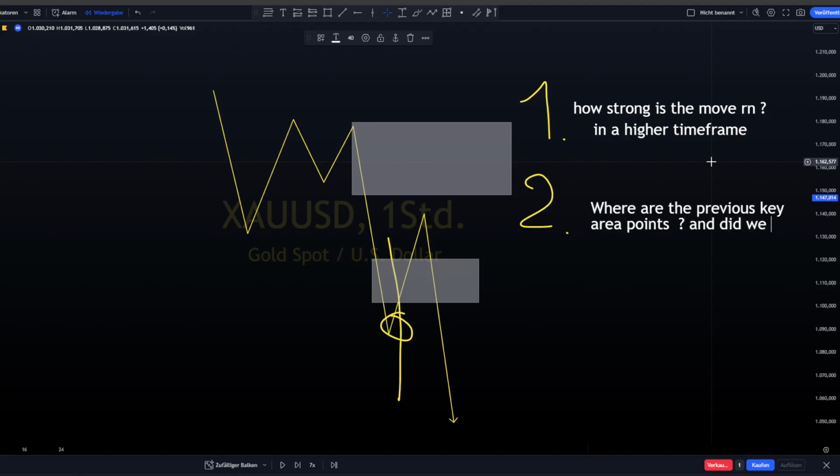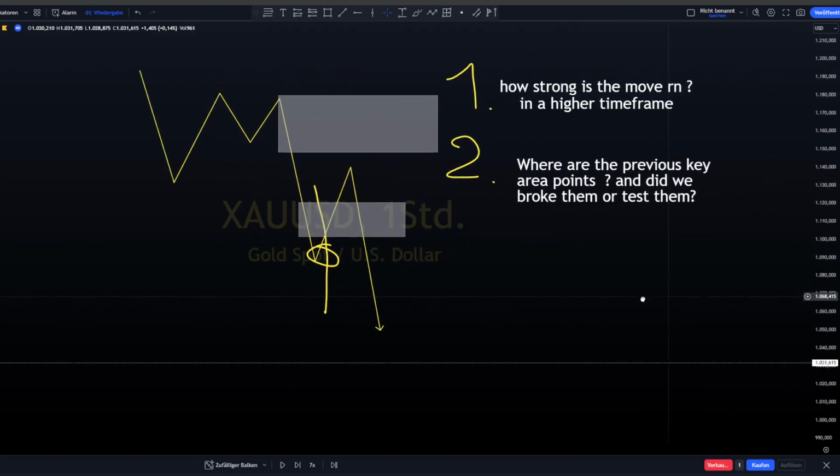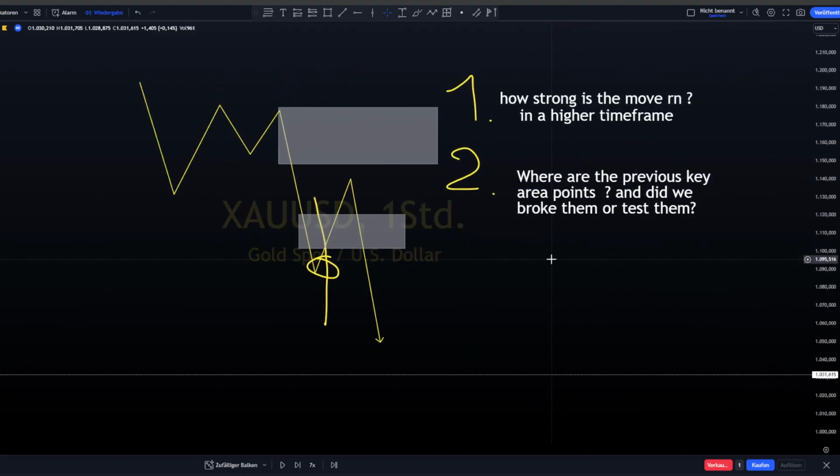And did we break them or test them? And with the second question, if you're smart and you know what I'm talking about, you will know we are right now talking about the healthy and unhealthy trends. Did we break them or test them? If we test them, it means we didn't break them, and that means we are in a healthy trend.